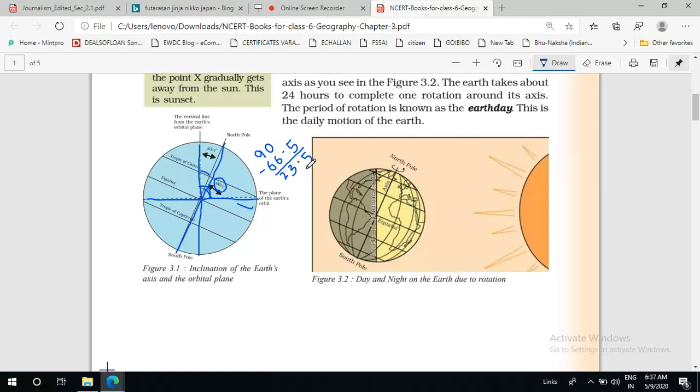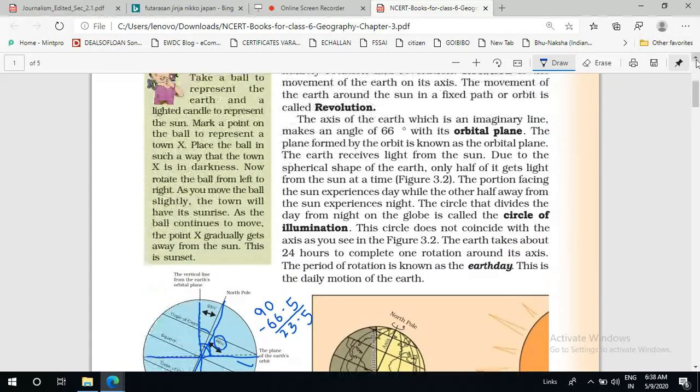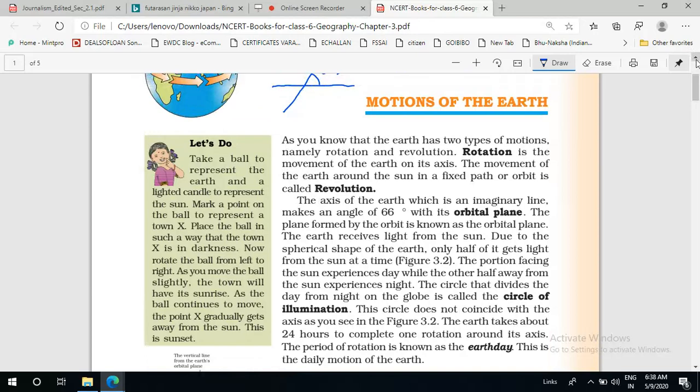Okay, and there is a line of illumination also, because the Earth is receiving different amounts of light from the sun because of its spherical shape. Okay, so this is the circle of illumination which divides the Earth into two halves. One half is receiving the sunlight and the other half is not receiving the sunlight.